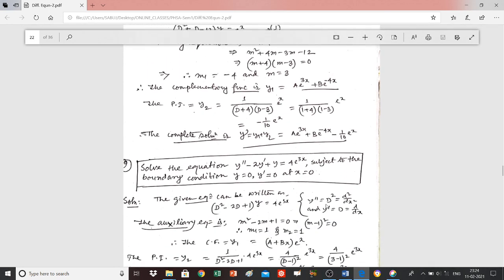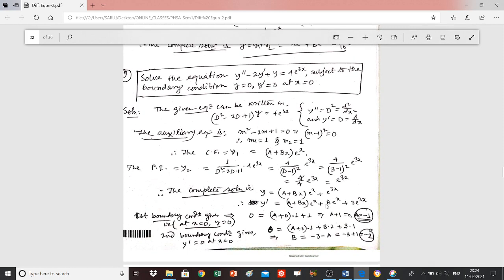And the another one is here: y double prime minus 2y prime plus y is equal to 4 e to the 3x. In this case double prime means the double derivative, and y prime means the single derivative, that means d2y by dx square.